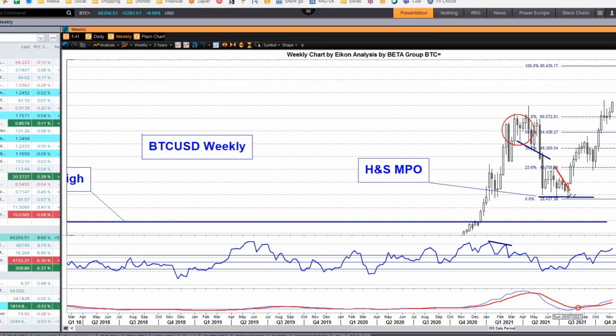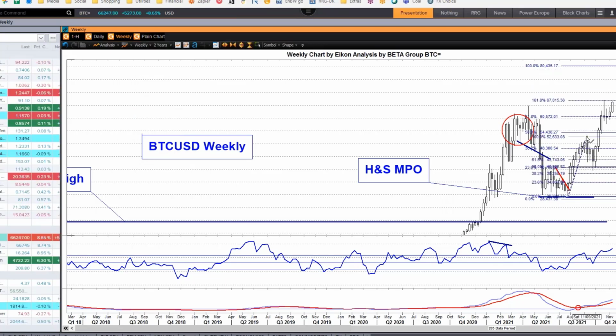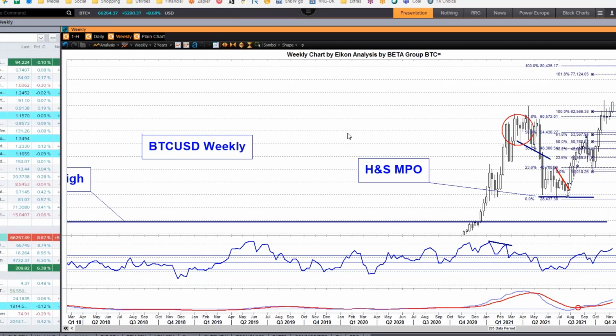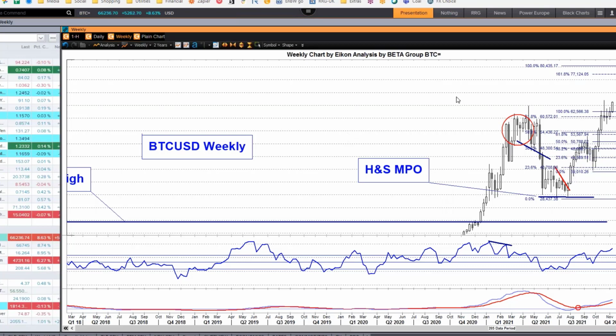So A, B, C, here we're at 100%, but we're breaking through it powerfully now. That means that we usually go to 161.8, which is close to the 100% of the bigger count, which is at 80,000 here, 77 to 80,000. I think we're headed for that.